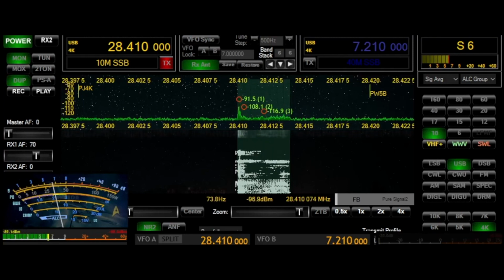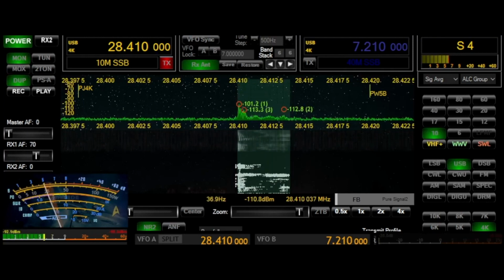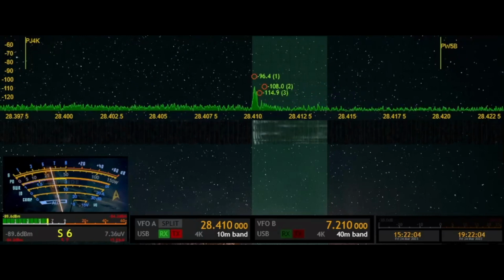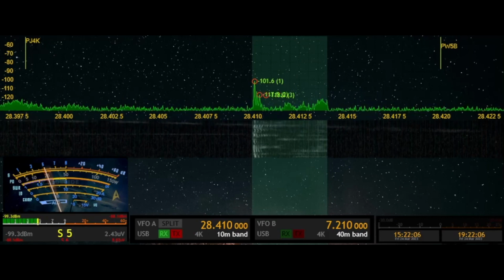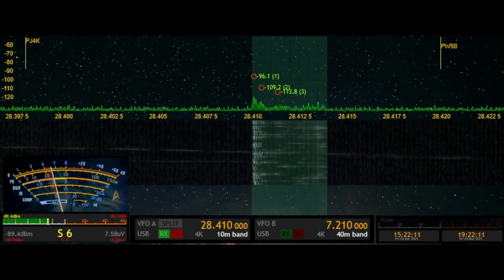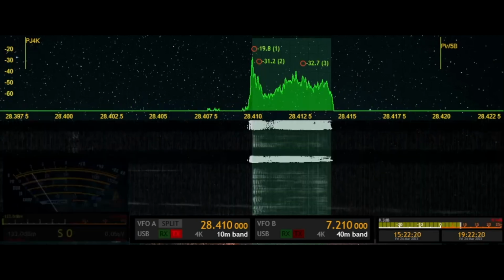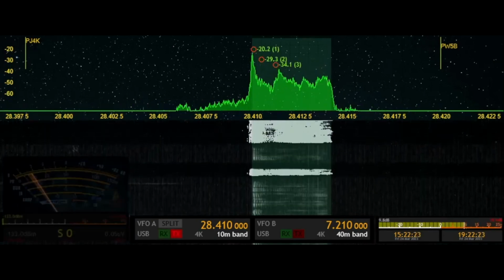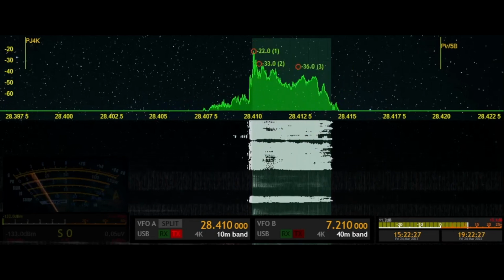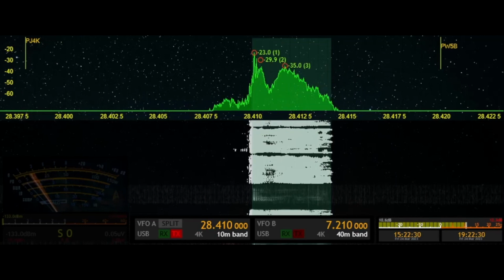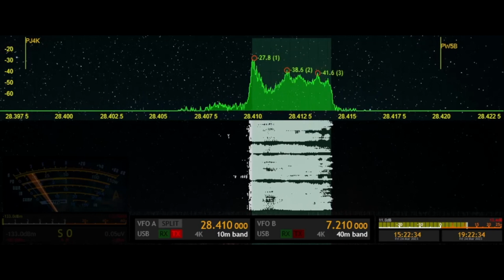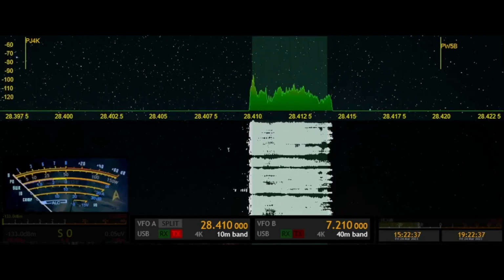Okay, very good, Manny. You know, when I'm looking at the signaling, is the right side the bass? And then the left side is the higher frequency? In this case, because we're in upper sideband, you have the bass, the low frequency on the left, close to the carrier, and then the high frequencies on the right side.